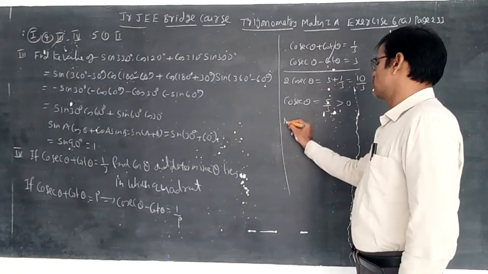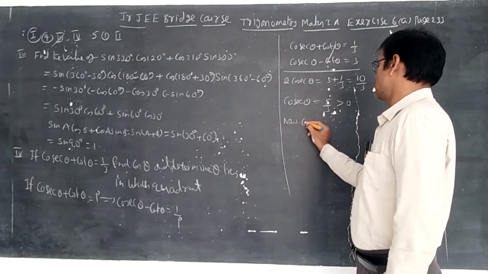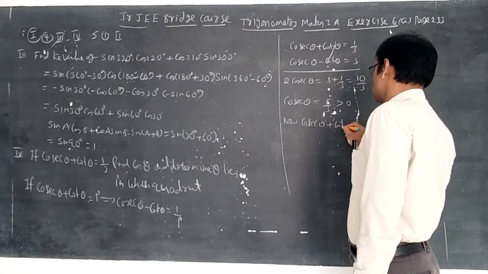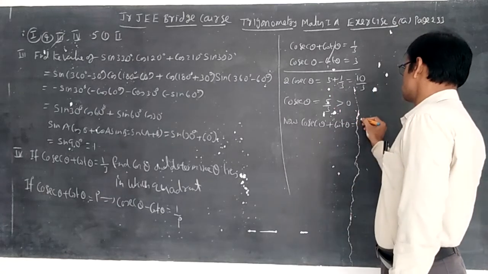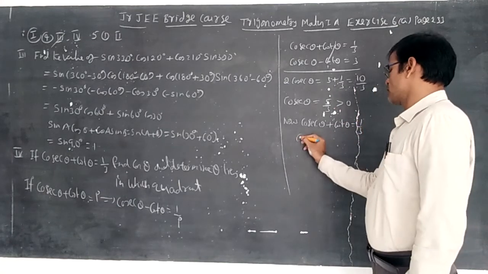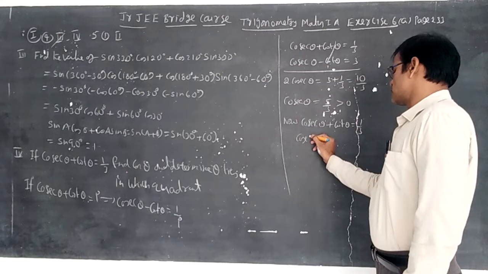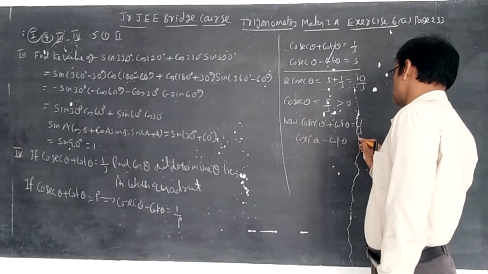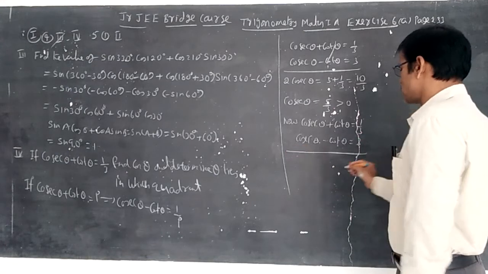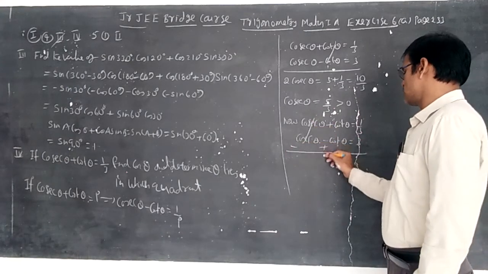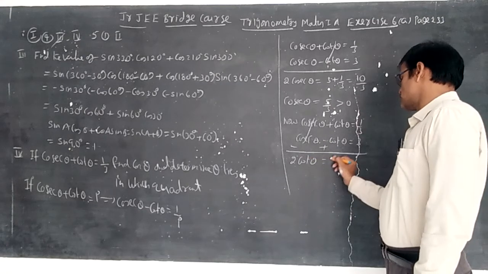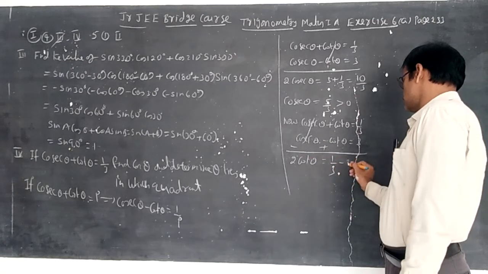Now once again we do the simplification by subtracting. Cosec theta plus cot theta is equal to 1 by 3, and cosec theta minus cot theta is equal to 3. Subtract this one, so this becomes minus, this is plus. So 2 cot theta is equal to 1 by 3 minus 3.